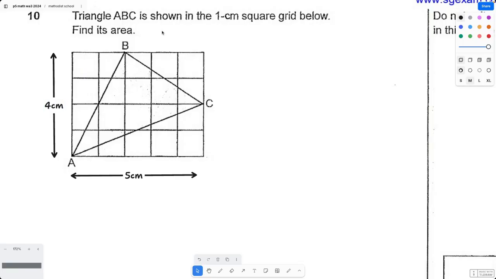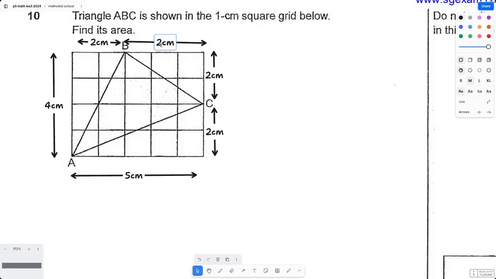Then we want to calculate the different triangles. To be honest, I'm gonna share with you the shortest way to do this, but I'm gonna do the longer way first. So 2 cm, this is also 2 cm, and this is also 2 cm, and this is 3 cm.